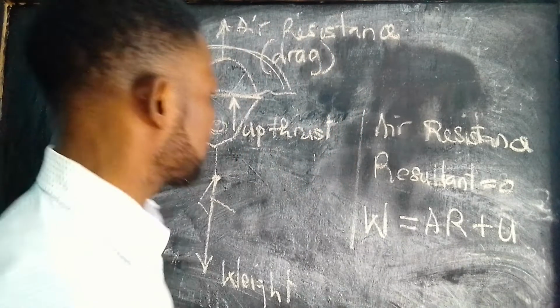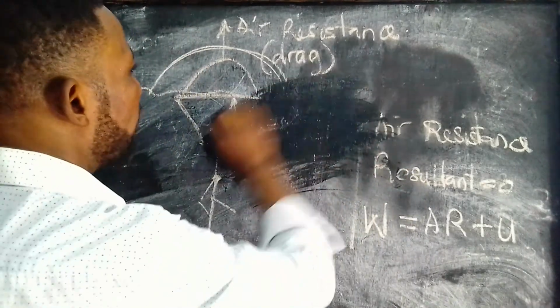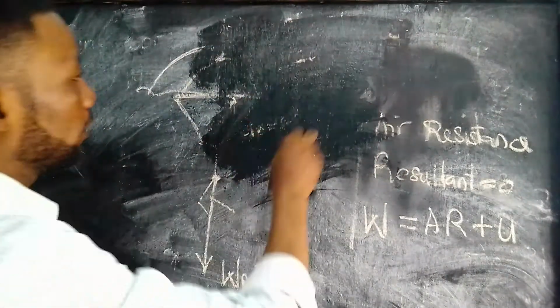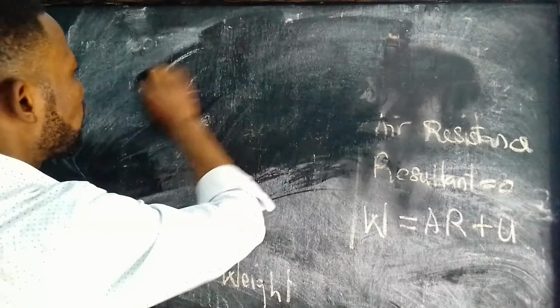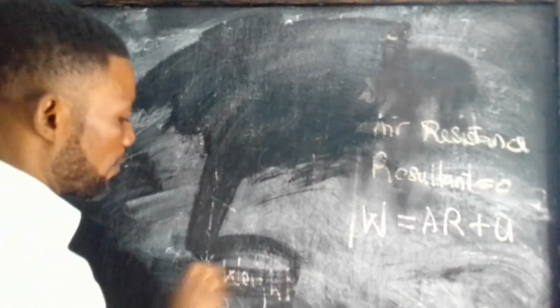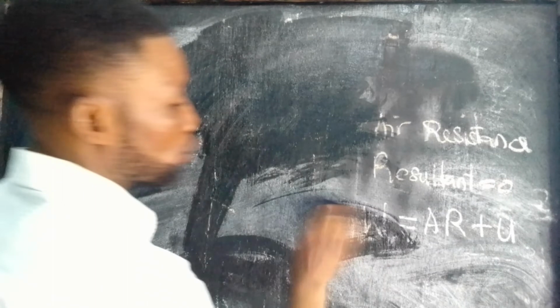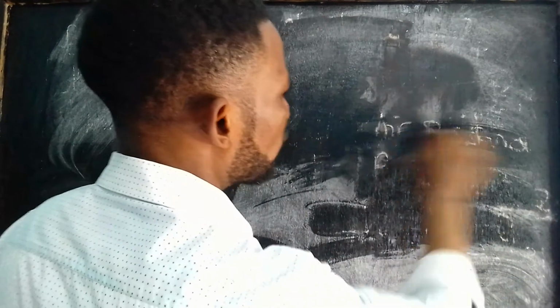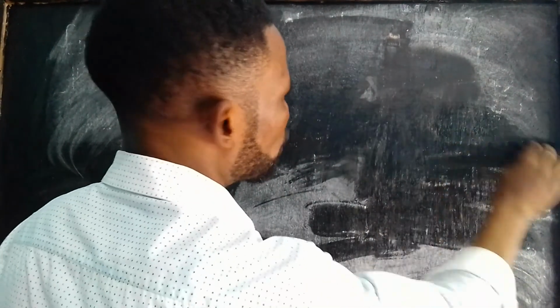Now we have the last diagram, and we will be done with section A. Remember, we are looking at June 2018, ordinary level physics.